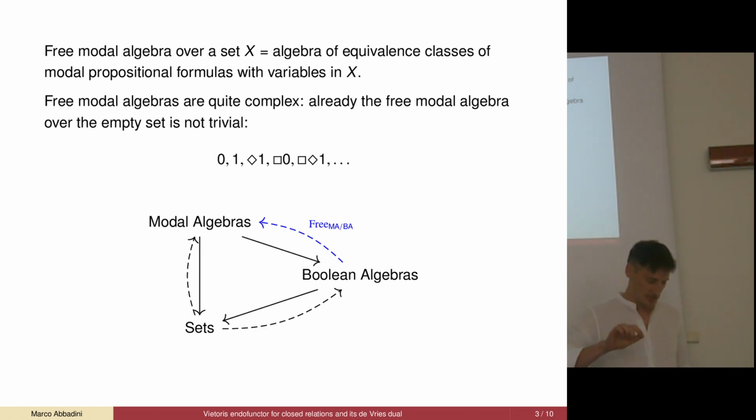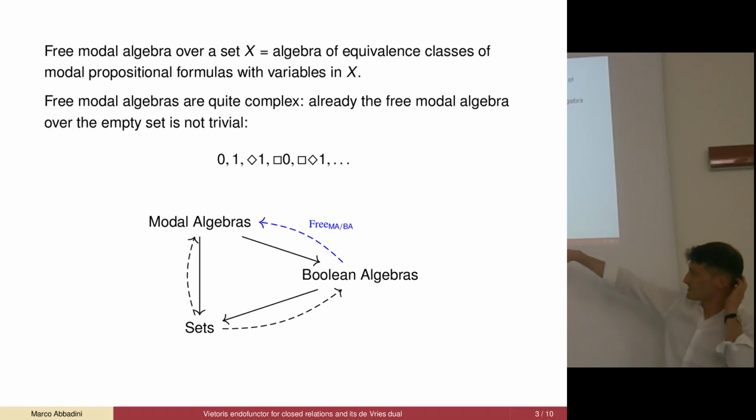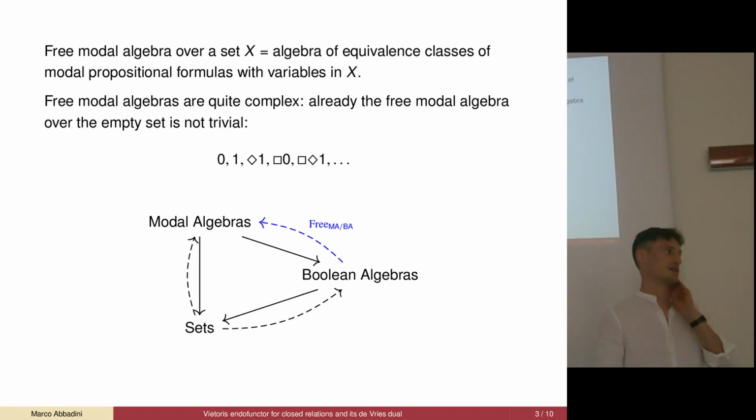And so this free functor from sets to modal algebras, which is left adjoint to the forgetful functor, is actually quite complex. But people have figured out how to have a good description of this, nonetheless.